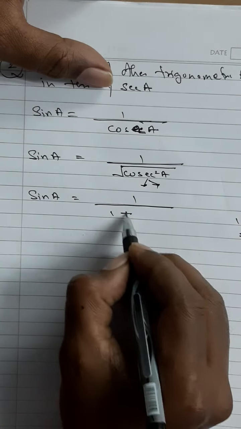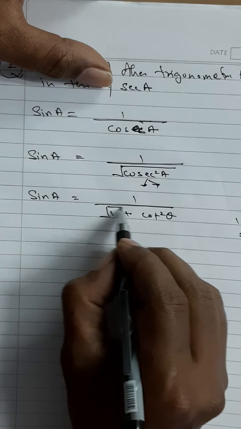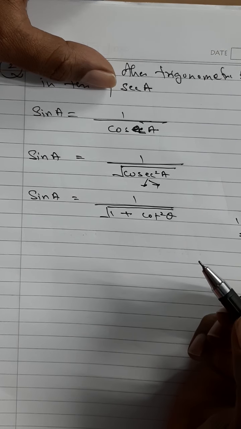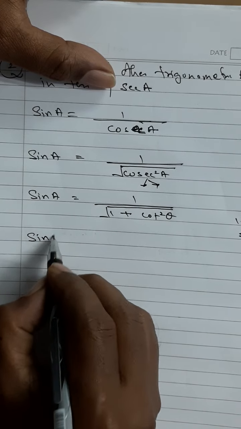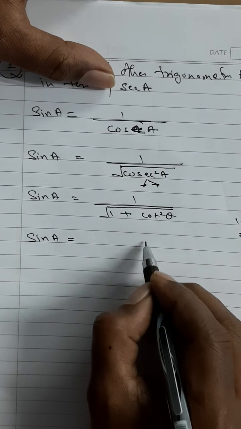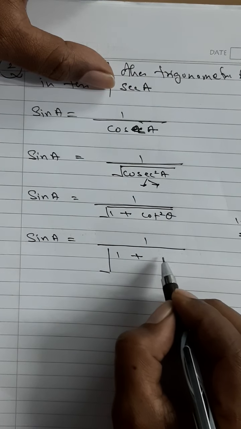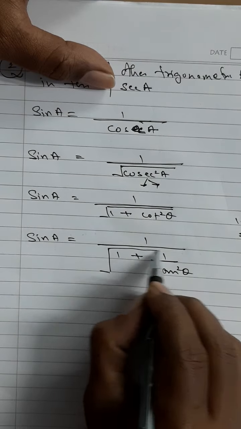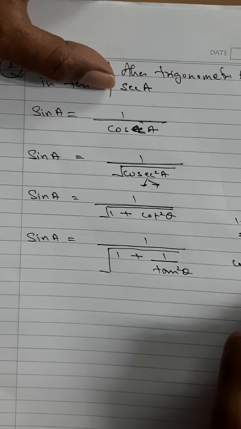So this will be 1 plus cot square theta. But we have to go to sec. So cot also will get converted to tan: 1 upon root 1 plus 1 upon tan square theta. Fine, because cot theta is equal to 1 upon tan theta.